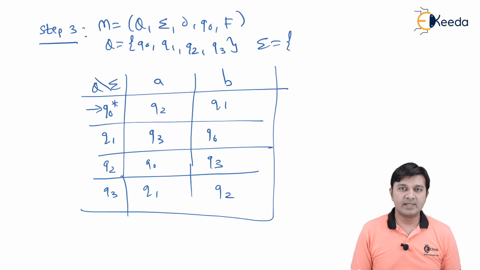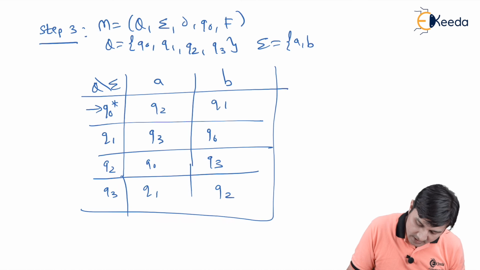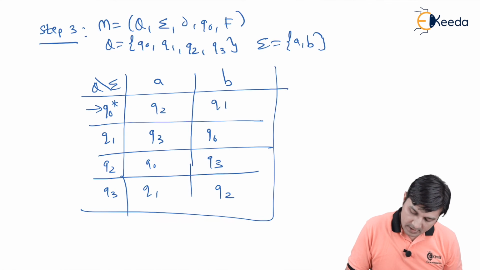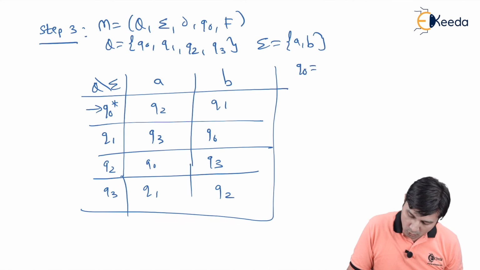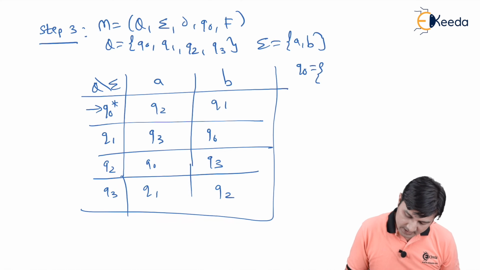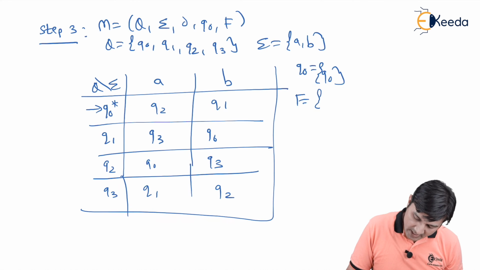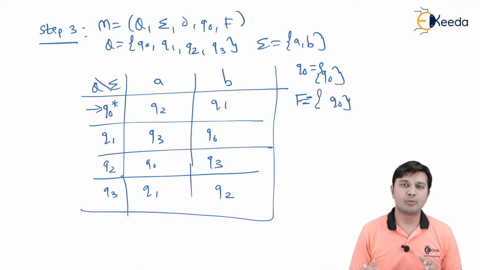My input alphabet is A and B. So summation sign turns out to be A and B. Then we have Q0, which was called as the start state, and the start state over here I can see is my Q0, and F, which was called as the final state, is nothing but it is again my Q0. So my start state is the final state over here.